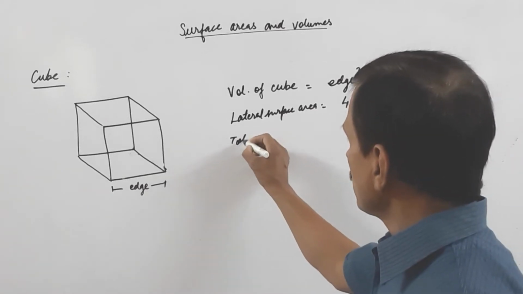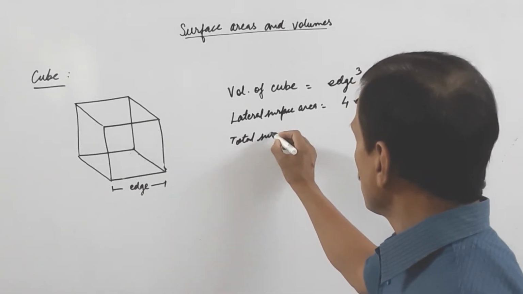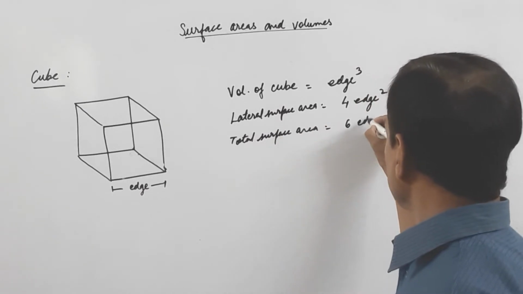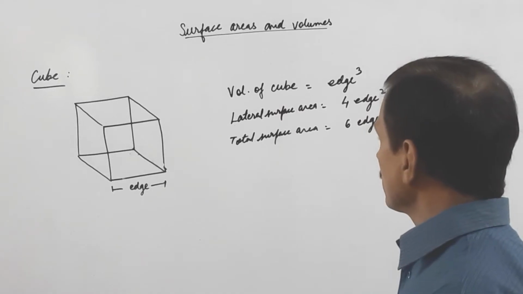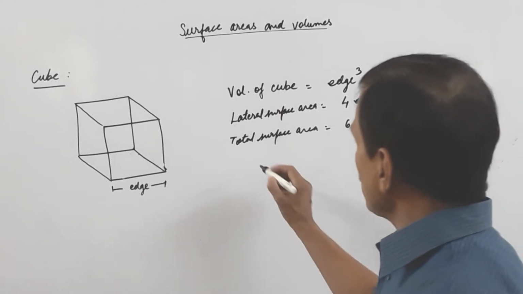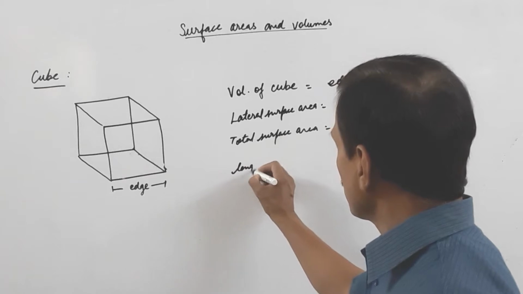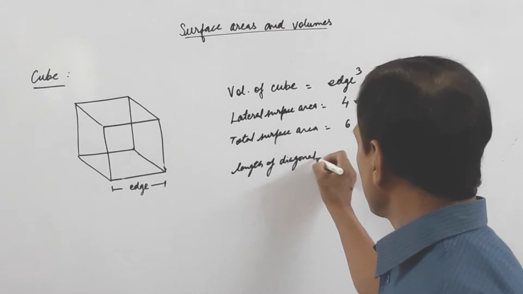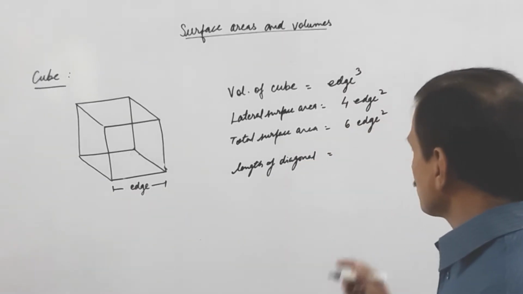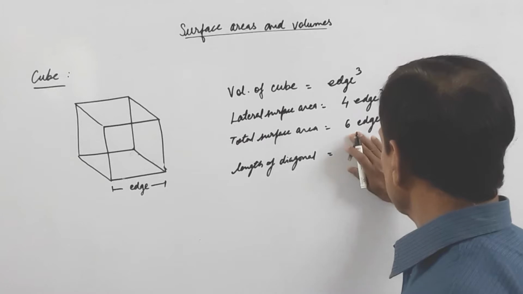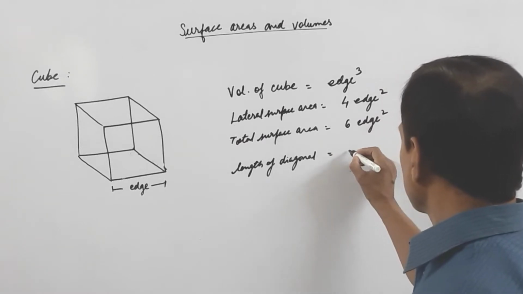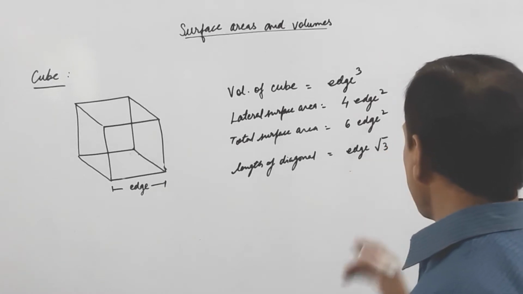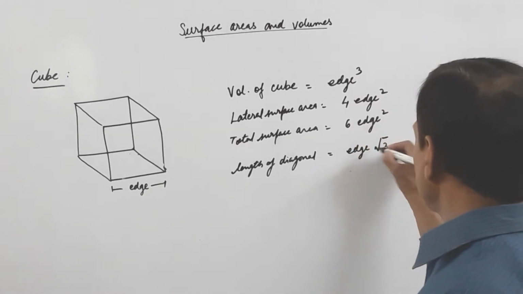Total surface area is equal to 6 edge square, and length of diagonal is equal to edge into cube root of 3.